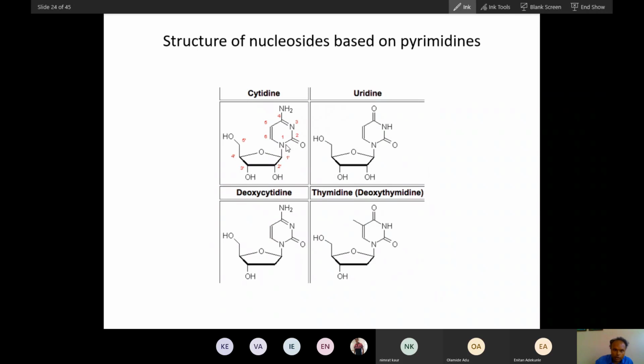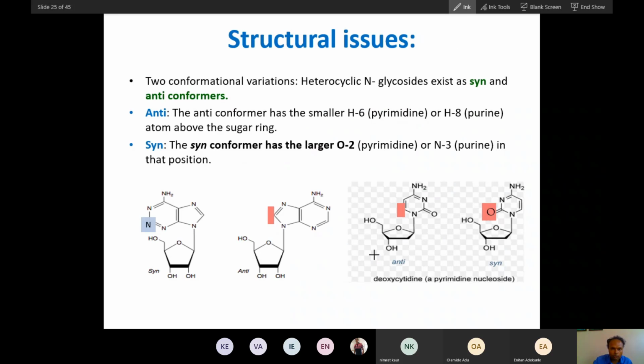And here you can see cytosine that is present in DNA. So deoxycytidine is present at 1 prime. This is cytidine, meaning RNA, and 1 prime. Here also 1 prime. Here uridine, uracil in RNA, and this is thymine in DNA. So you can see 1 prime. This is the glycosidic bond and glycosidic bond.